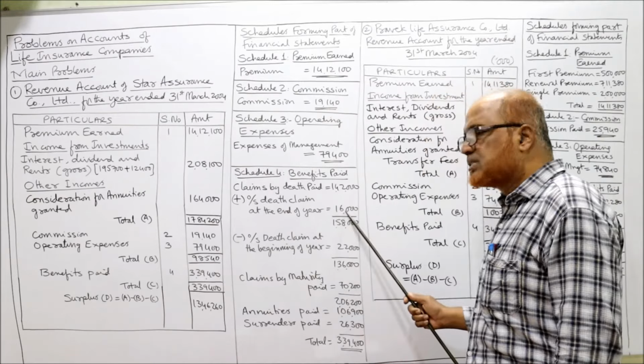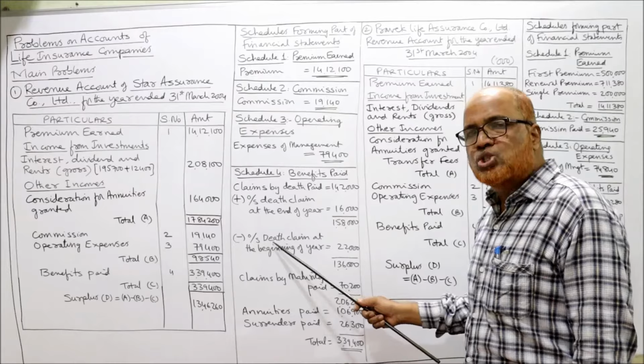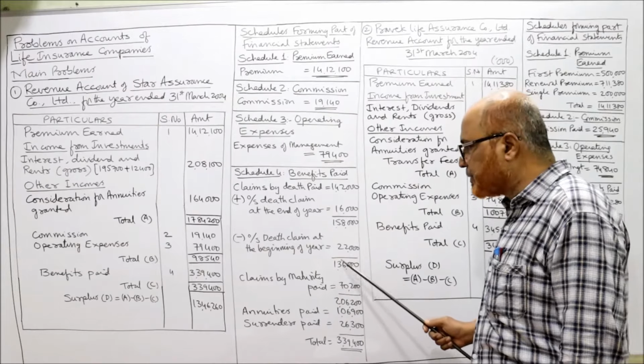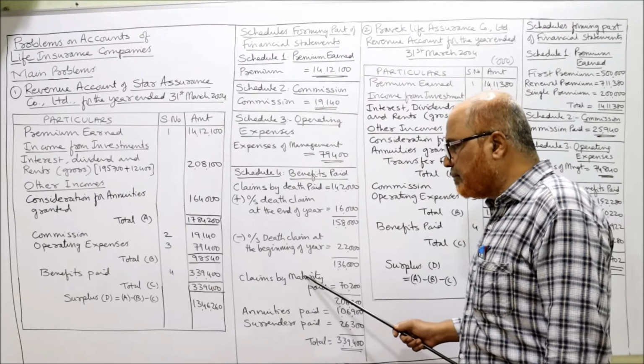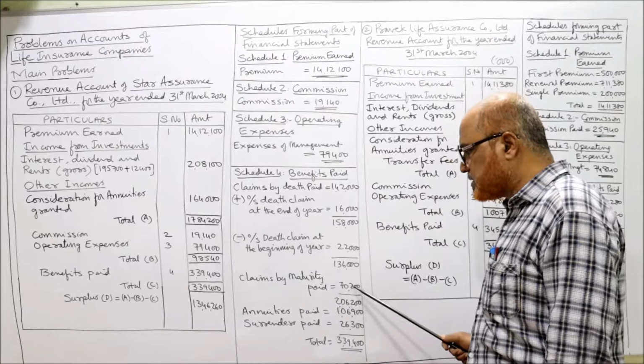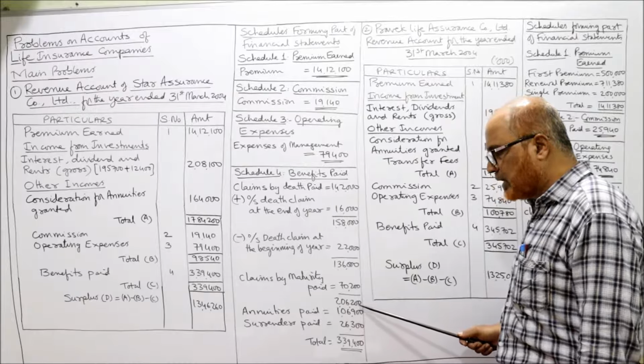At the end of the year 16,000 is given. So I have added, 1,58,000, minus outstanding death claim at the beginning of the year given in the problem, 22,000. Subtract. Then claims by maturity, no adjustment. Directly we have taken claims by maturity paid, 70,200. The total of the claims is 2,06,200.